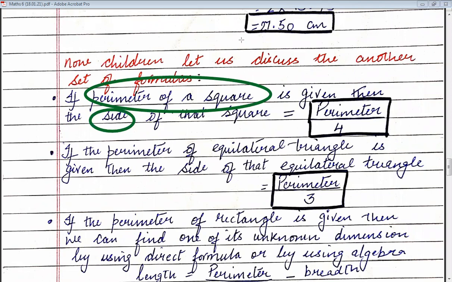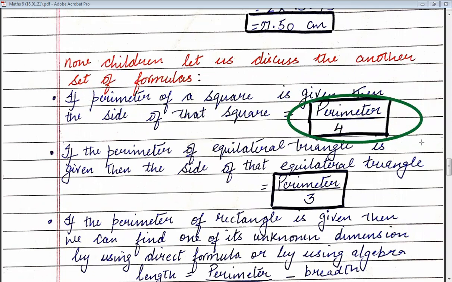So if the perimeter is given and you have to find its side, the formula to find that side is perimeter divided by 4, because we have 4 equal sides in a square. So if you divide the perimeter by 4, you will get its side. So children, just remember, to find the side of a square, you will just divide the given perimeter by 4. Okay, now let's see the next one.